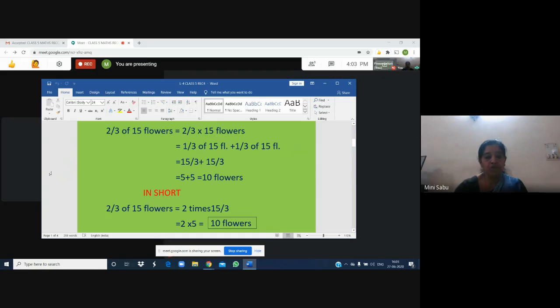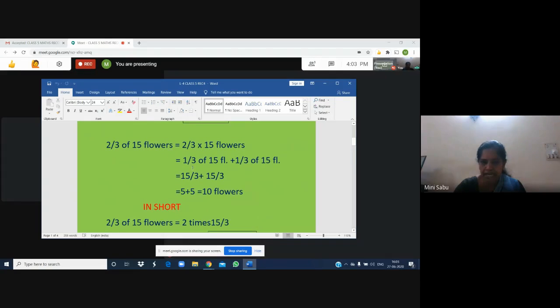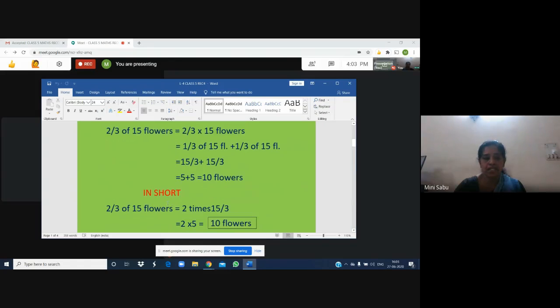But when we do questions, now and also in higher classes, there is a short method. I am going to tell you that short method, but we should know how it came. That's why I explained it like this. Okay, children? So in short, how do you find the answer for such questions? It is like this.